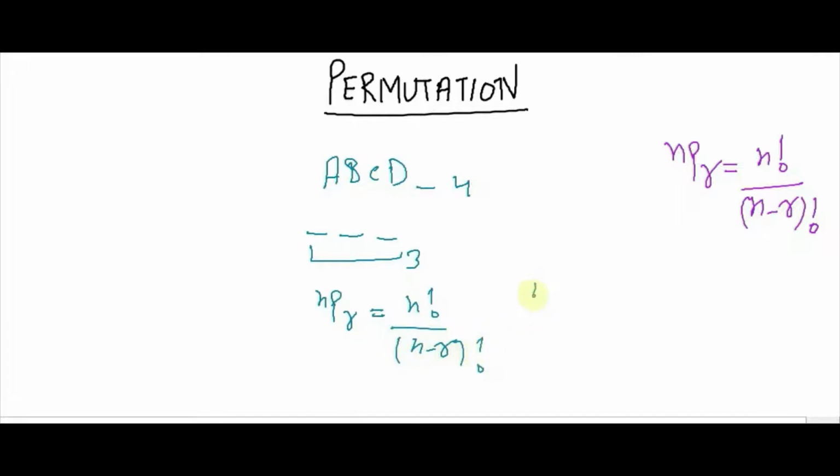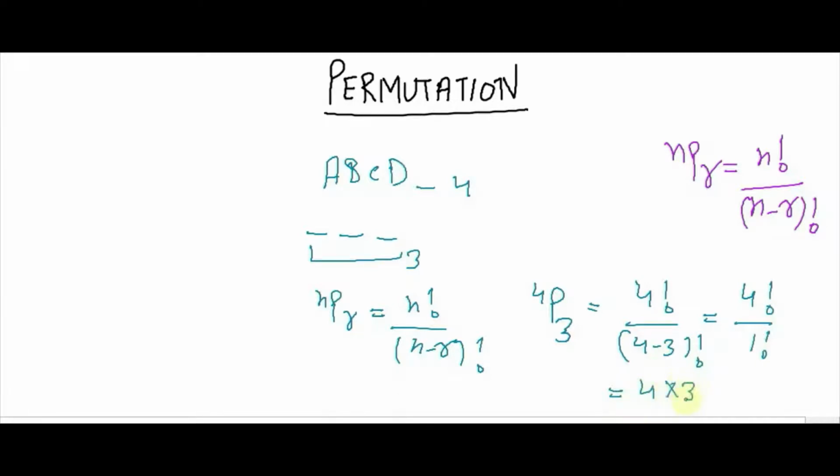Here n is 4, r is 3, so it will be equal to 4 factorial upon (4 minus 3) factorial, which is 4 factorial upon 1 factorial. So the answer will be 4 into 3 into 2 into 1, which is equal to 24. So there are 24 ways to arrange these letters.